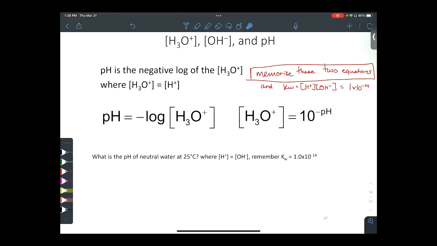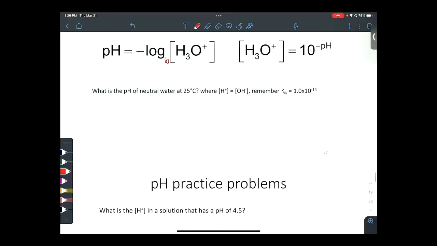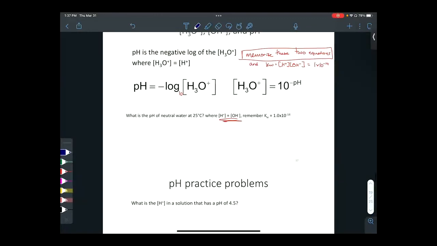And I'll point out that log, when you do it in your calculator, is log base 10. Don't use natural log, use log base 10. So I'll put a little 10 here. Make sure that you can use it. All right, so let's calculate the pH of neutral water. I already told you, when water is neutral, H plus must equal OH minus concentration. So memorize these two equations and our Kw expression.